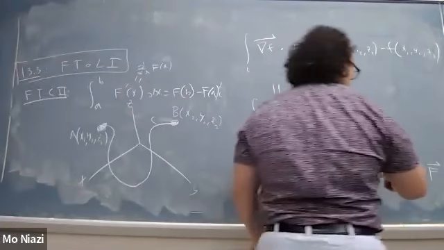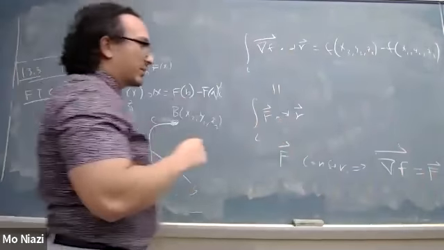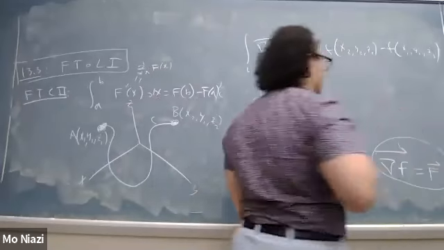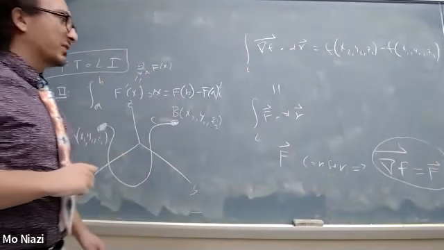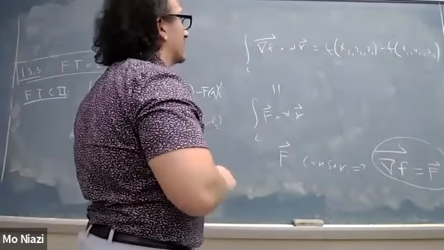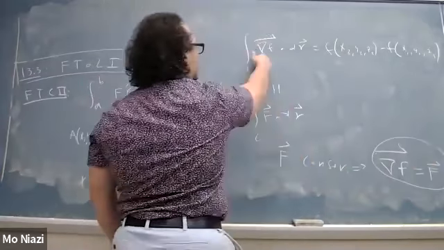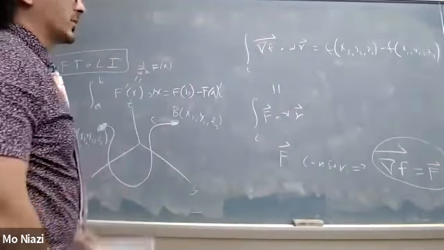So here, then we can take the gradient of such a function. And if you have a conservative vector field, it by definition means that you have some potential function such that the gradient of such potential function equals the vector field. Okay. So that's why we can replace this capital F with this gradient of f vector. Okay.